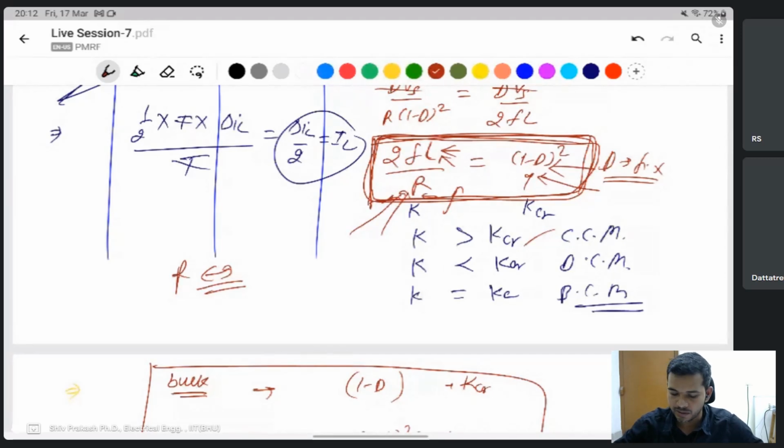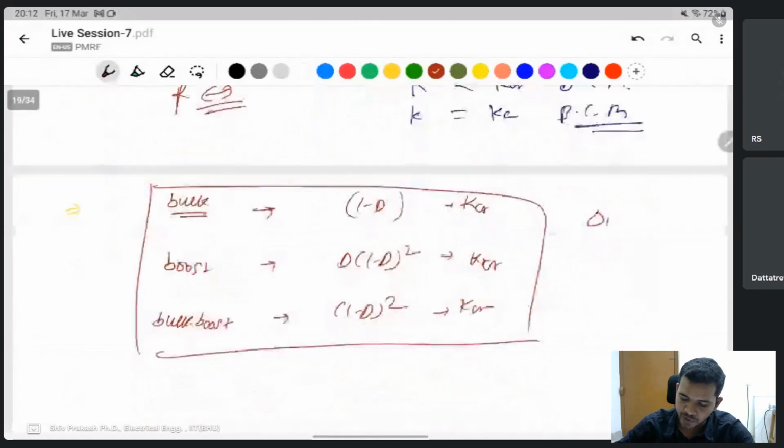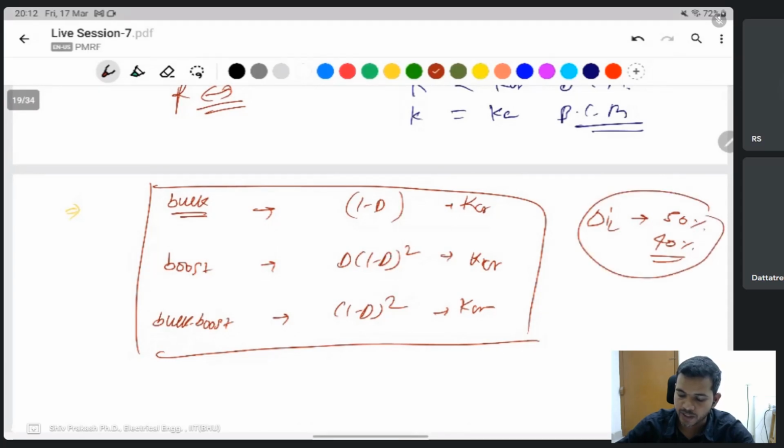L and C are designed as per the requirement of delta IL and delta VC. These are the parameters. If you take directly delta IL as 50% or 40%, you can't say whether it is continuous or discontinuous.